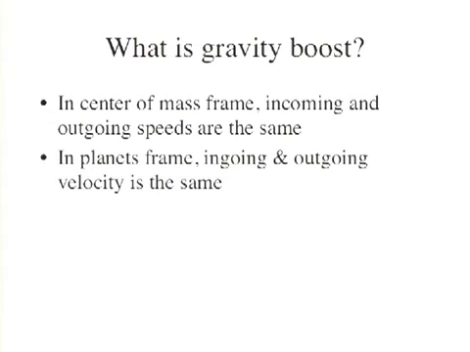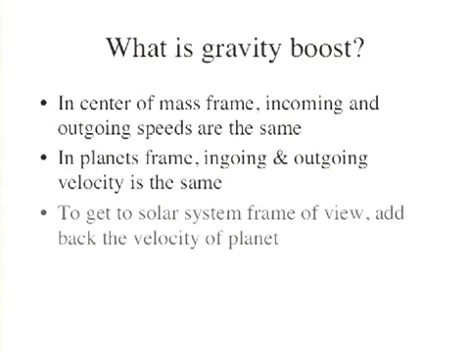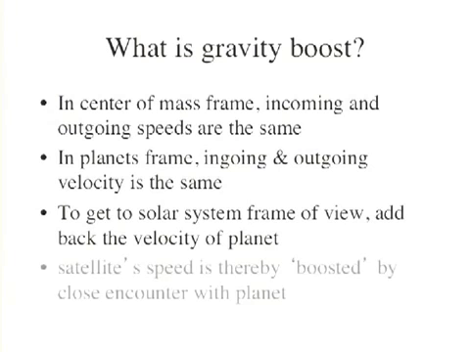You add back the velocity of the planet, as we did, and that gives you the speed, more or less. So the rocket is boosted. The satellite speed is boosted by this close encounter.